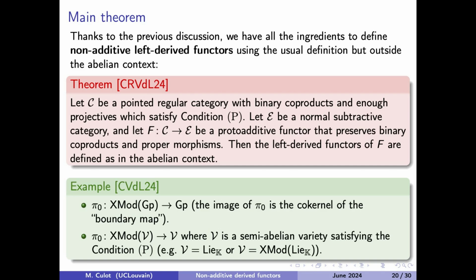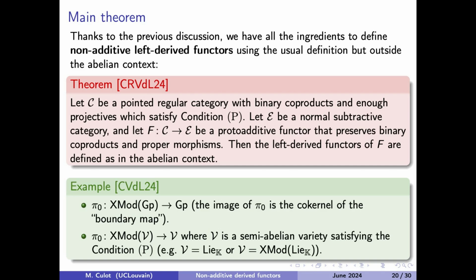Okay, obviously this strategy means that all the examples that we know for derived functors fit perfectly, because the strategy that we use is just to enlarge the scope of derived functors. But we also have non-additive examples.